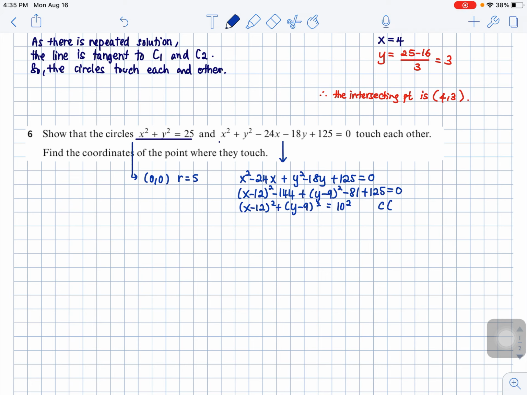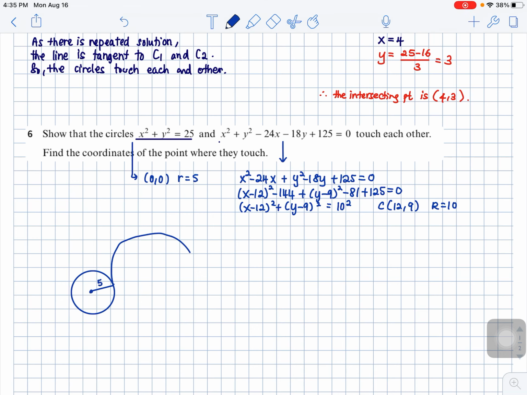Therefore, your center is (12, 9) and your radius is going to be 10. So, what idea would I want to use now? Okay, see, you have (0, 0) and your radius is 5.